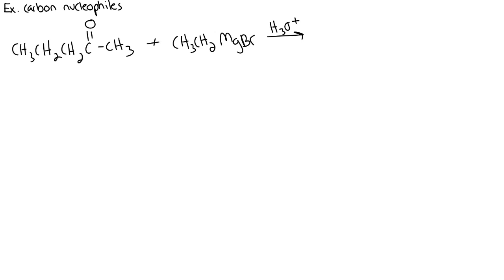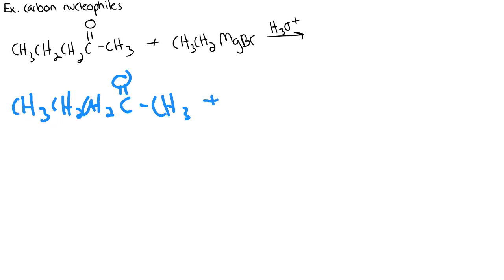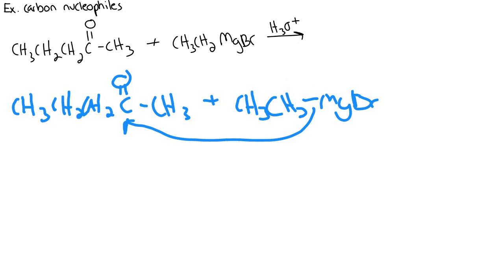So this is a ketone and a Grignard reagent. Again, the electrons come from that carbon-magnesium bond. They attack the electrophilic carbon and break that double bond.